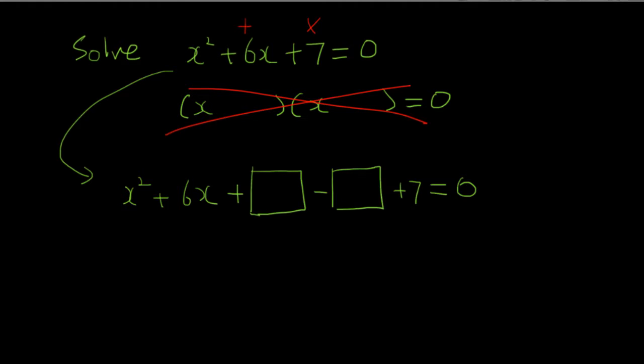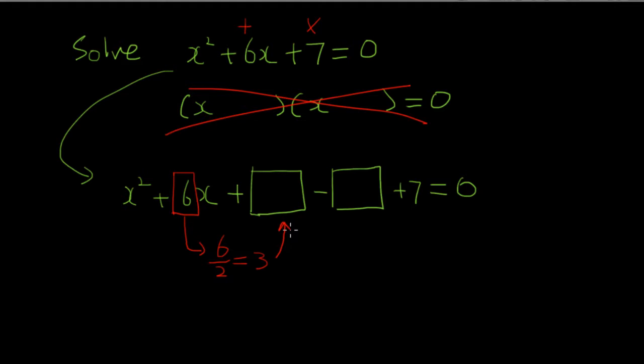Now, the number that we are going to put inside the box will be determined by this number right here. What we are going to do is divide this number by 2. So 6 divided by 2 would be what? Would be 3, right? Are we going to put the 3? Well, not yet.